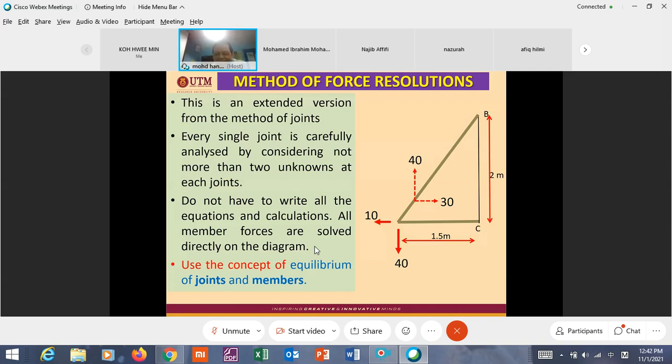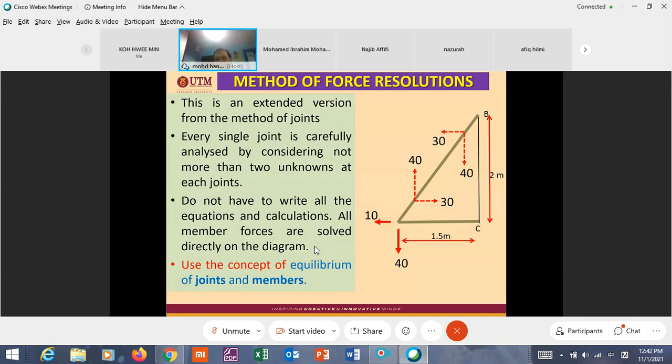Okay. So, to make it equilibrium, in the y direction, we must put here 40. And this one 30, this one 30. Sorry, this should be 30. So now this member is in equilibrium.